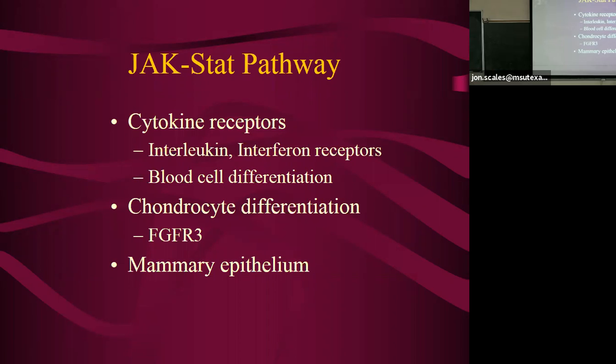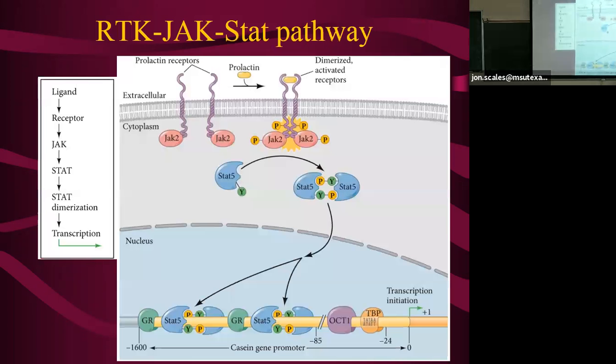In the cartilage, FGF receptor 3 is actually activated and sets off a JAK-STAT pathway. So there are some cross reactions between things that would traditionally be thought of as a growth factor and the JAK-STAT pathway.